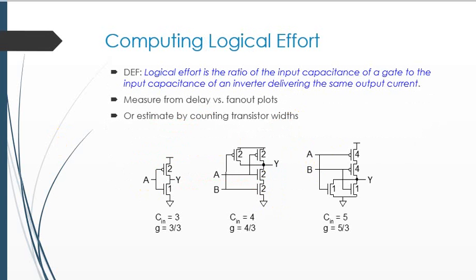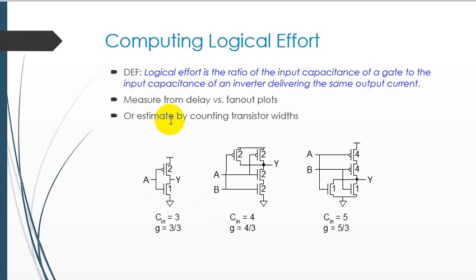So let's start with a very basic example, the example of our inverter. The logical effort is basically the ratio of the input capacitance of the gate to the input capacitance of the inverter delivering the same output current.